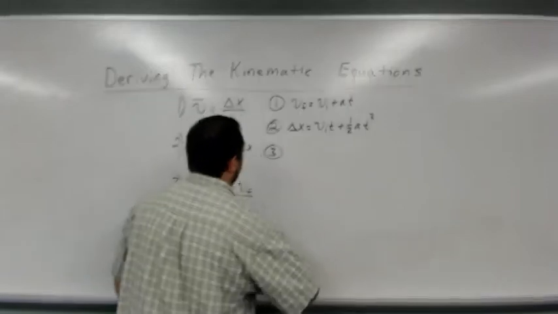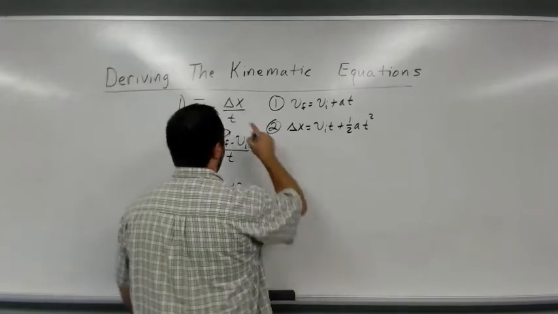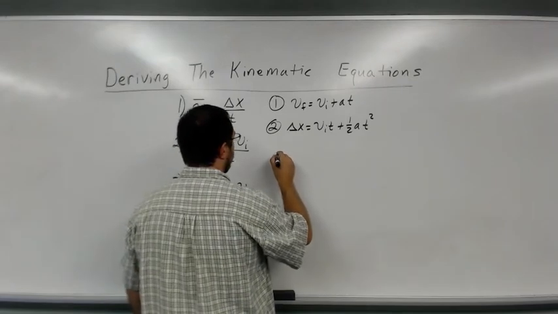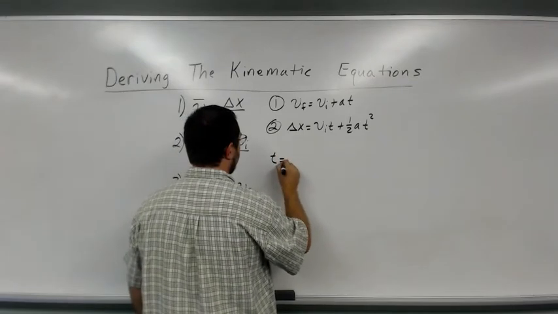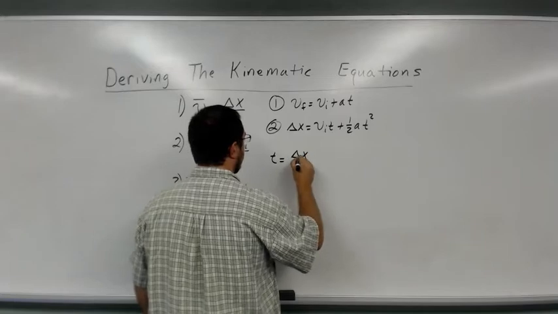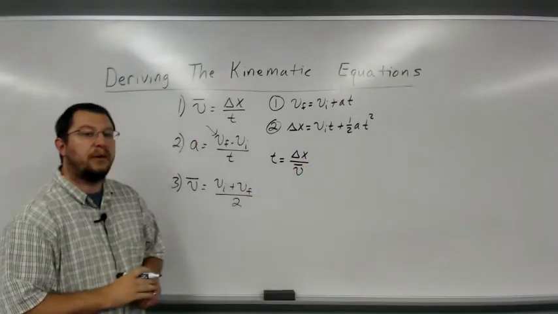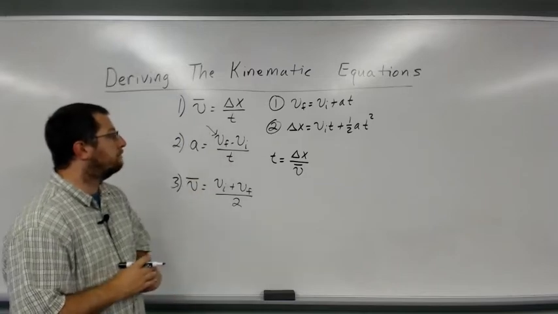We haven't actually derived 3 yet. So let's start with this equation, and we're going to say that t is equal to delta x over v average. I've just rearranged this equation.